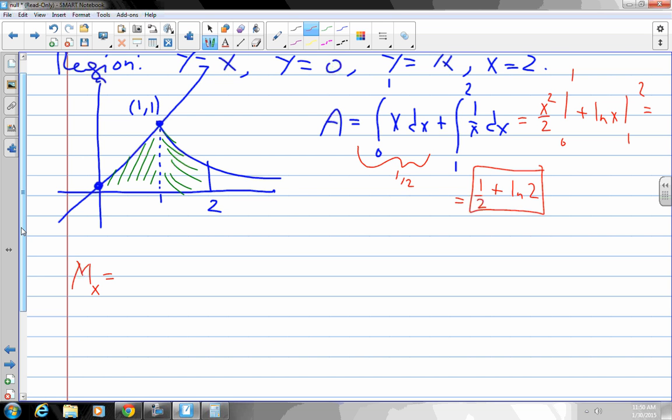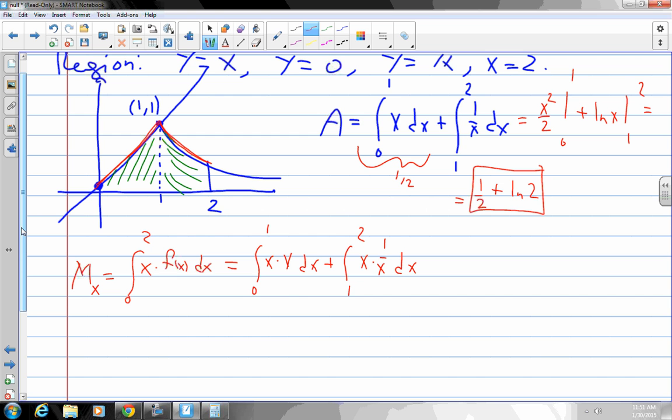So now to do the other part, to do the moments, technically we will have to integrate from 0 to 2 x times whatever this curve is, right? Whatever this curve is. So we'll have to split again, right? Because now it's just the question of the integral. So you have to integrate from 0 to 1 x times x dx plus from 1 to 2 x times 1 over x dx.